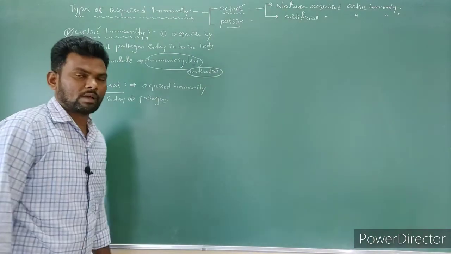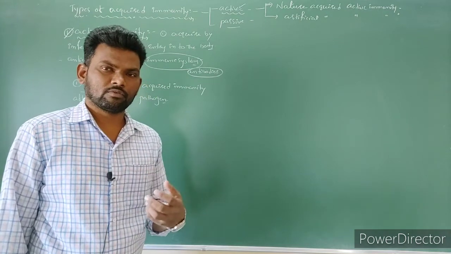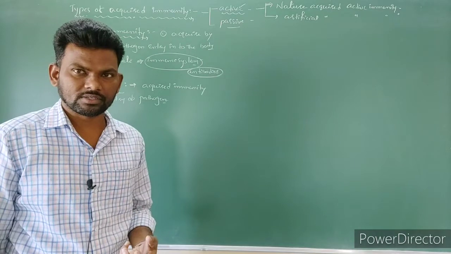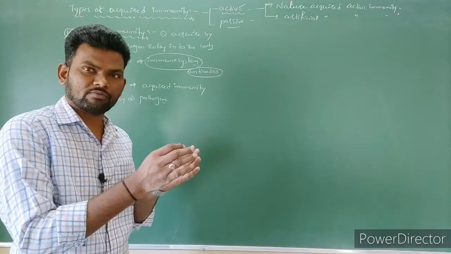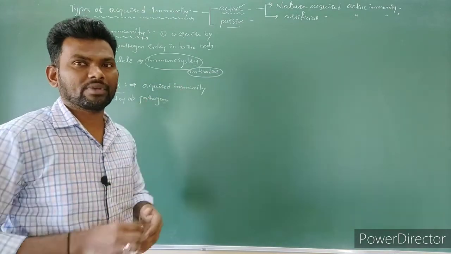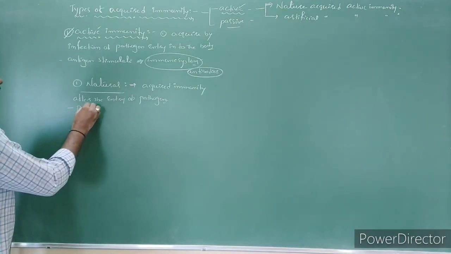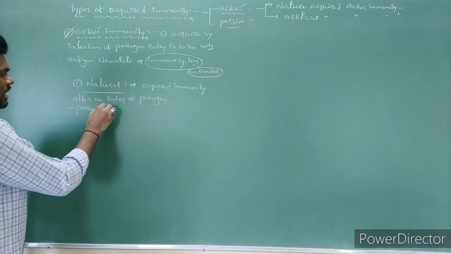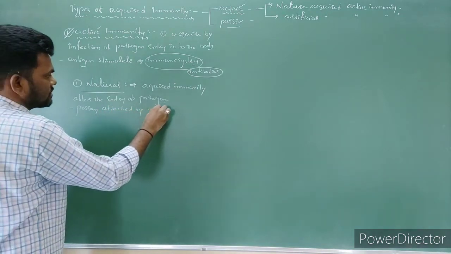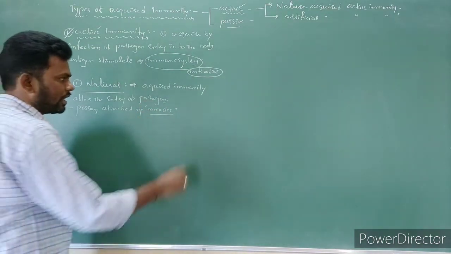right? For example, if a person is suffering from measles disease, the person produces antibodies against the measles disease, and these antibodies are going to stay for a long time in such a person. For example, if a person is attacked by measles disease, then what happens?